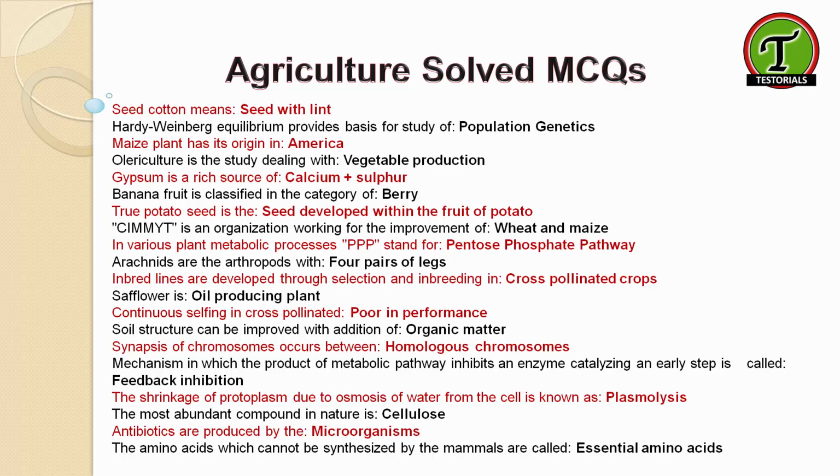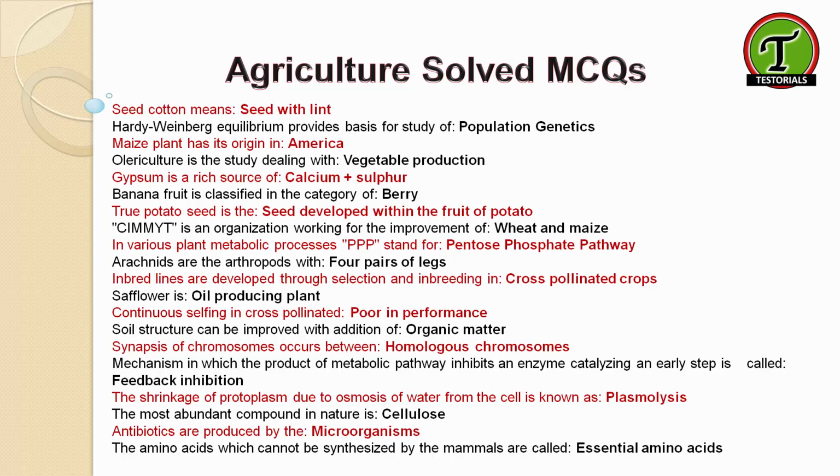The mechanism in which the product of a metabolic pathway inhibits an enzyme catalyzing an early step is called feedback inhibition. 97. The shrinkage of protoplasm due to osmosis of water from the cell is known as plasmolysis. 98. The most abundant compound in nature is cellulose.